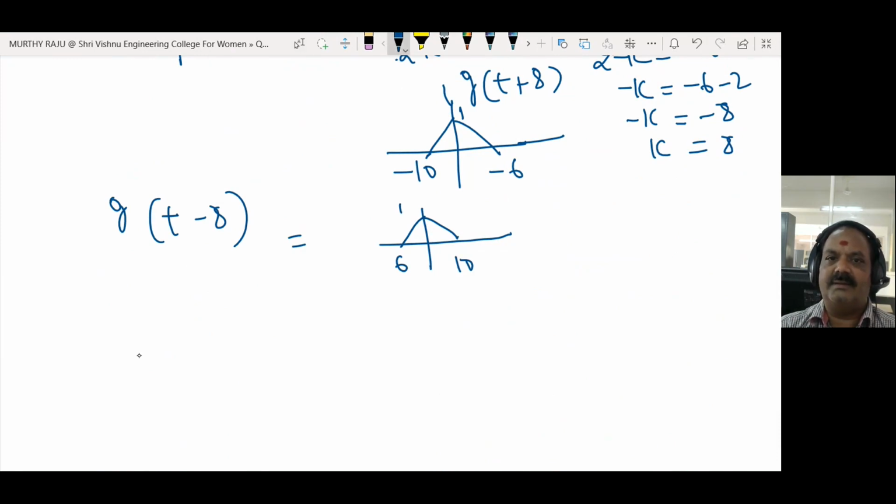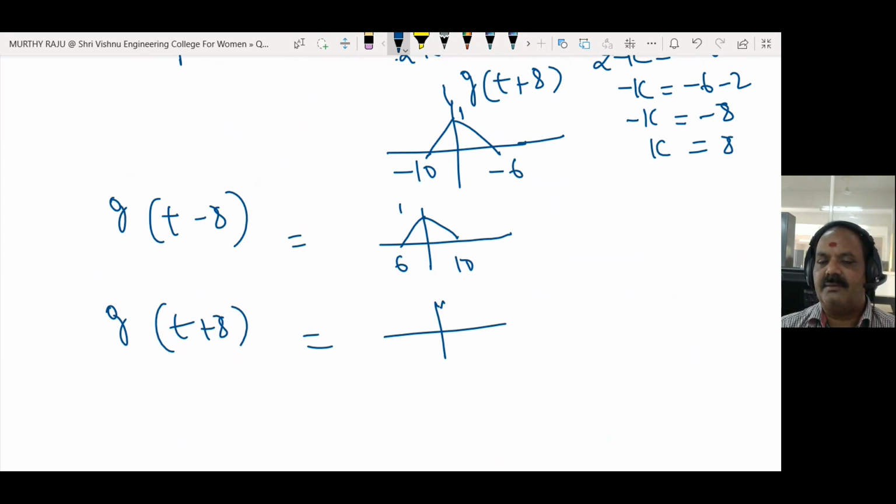This is 6, 10, 1. And g of t plus 8 is from minus 10 to minus 6.